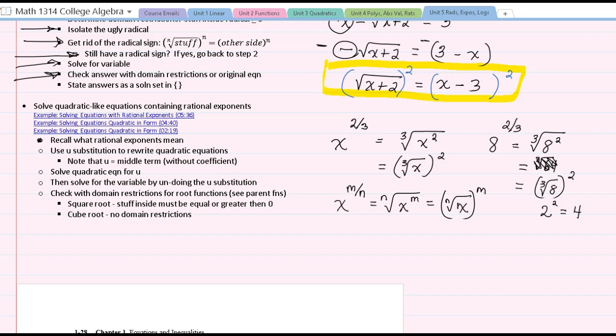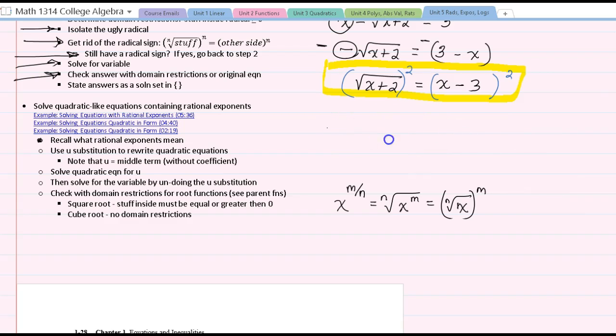Now the other thing that might be very helpful when we're trying to solve quadratic-like equations is the fact that if you have x to the 1/3 and you square that, you actually are multiplying these two exponents.